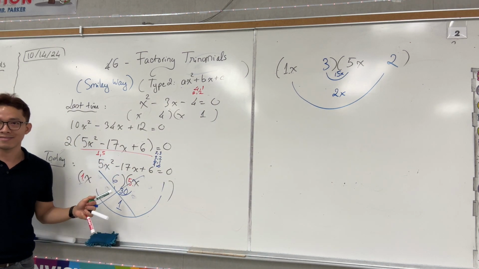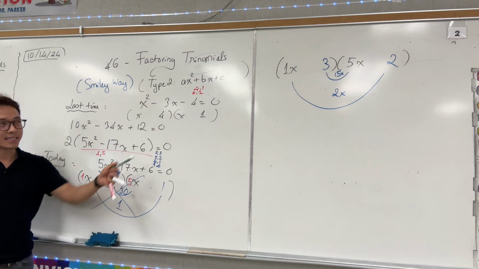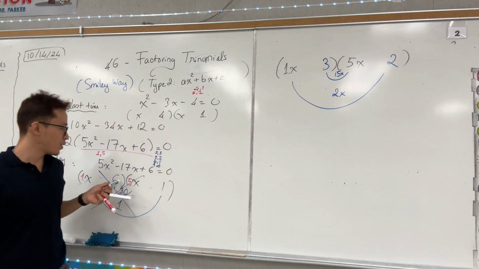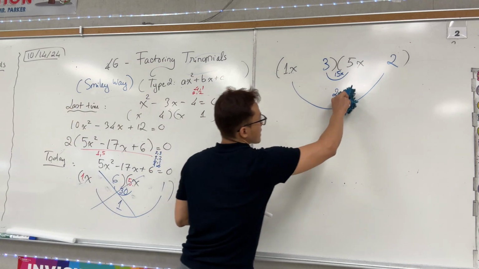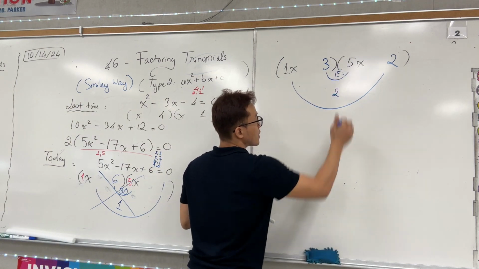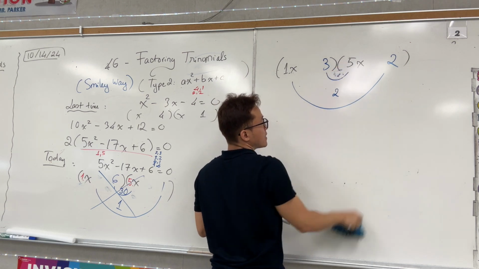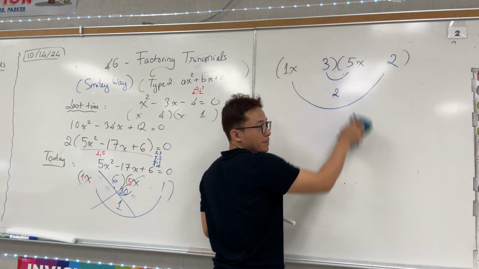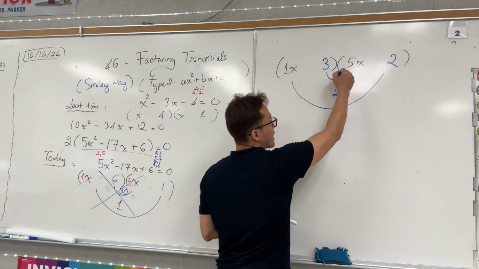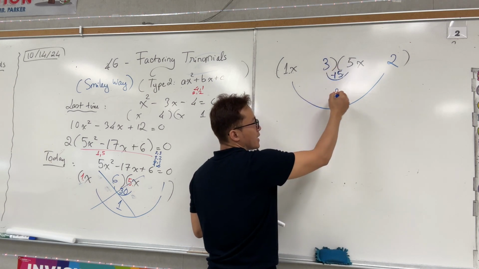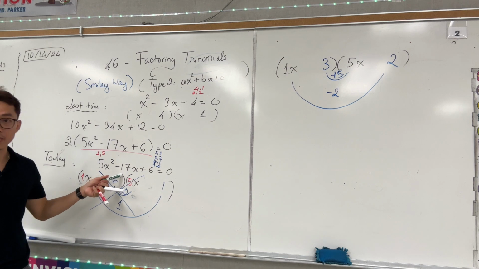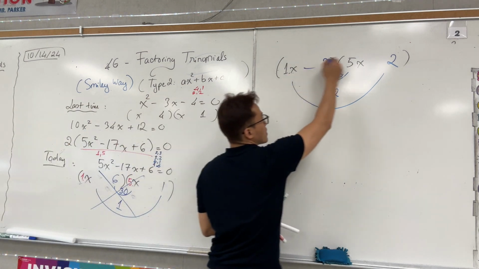Yes. 15 and 2 can give you 17. You actually don't need to write x. What is the sign then? Negative and negative, right? Negative 15 and negative 2 give you negative 17. So that's how you find it.